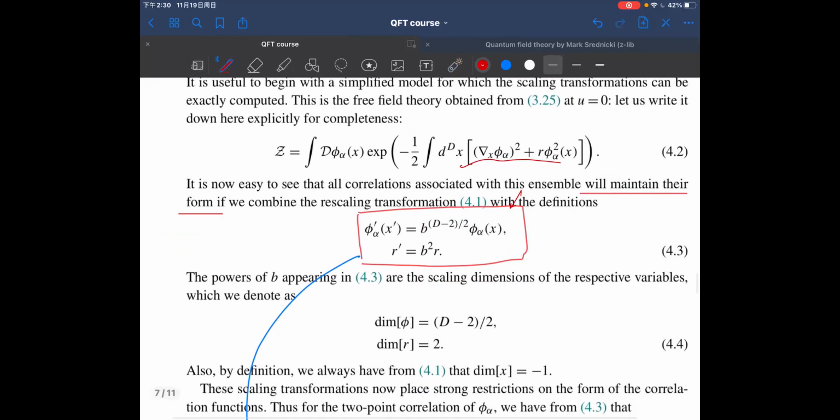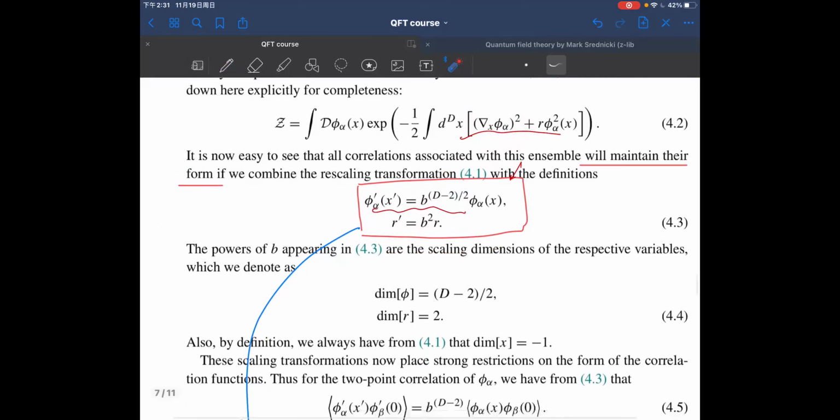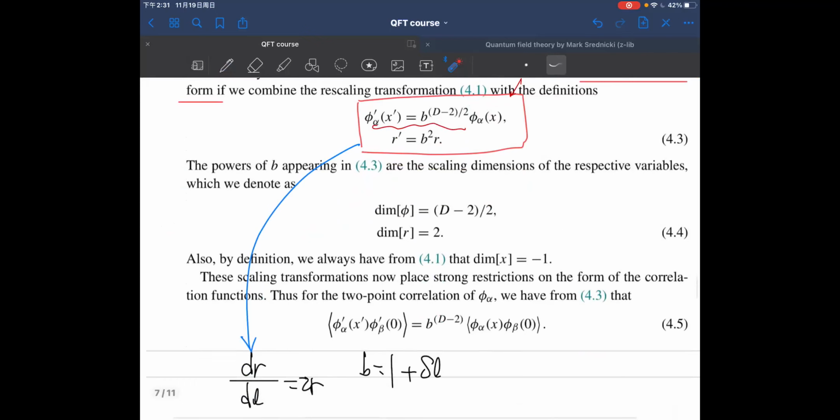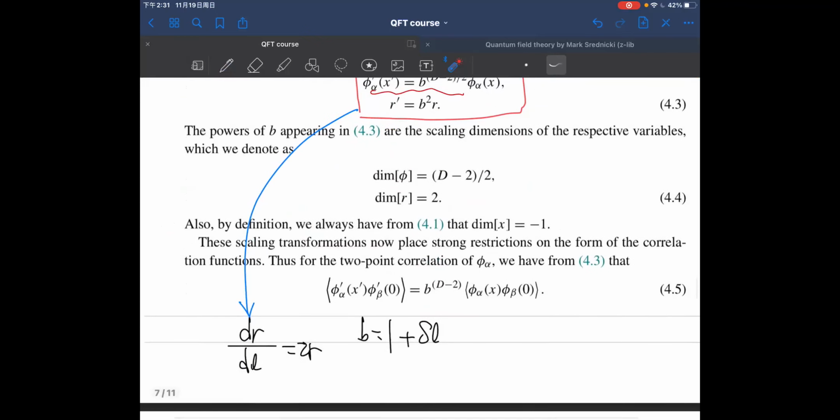Let me see. Okay, you get this one by this term. Then you get the relation of r and r prime. Then you know that for the 2-point correlation, you have this relation.